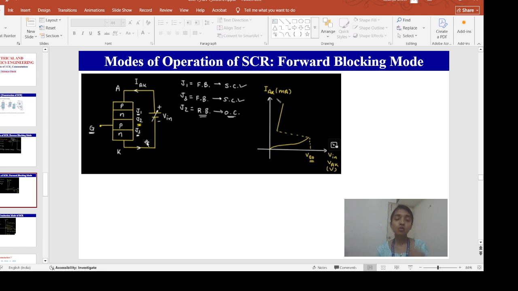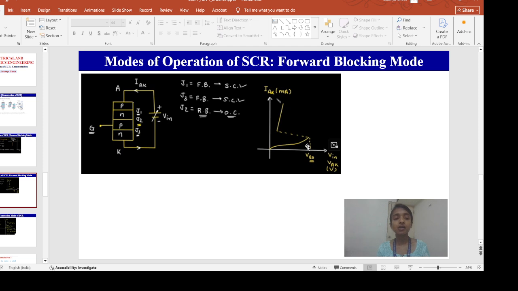Okay. So since J2 is reverse biased, at reverse bias we know a very little amount of minority charge carrier current flows. So this is the current. You are increasing this V in, but since J2 is reverse biased, you will get only a very small minority charge carrier current. And in this mode, your SCR works in the forward blocking mode.